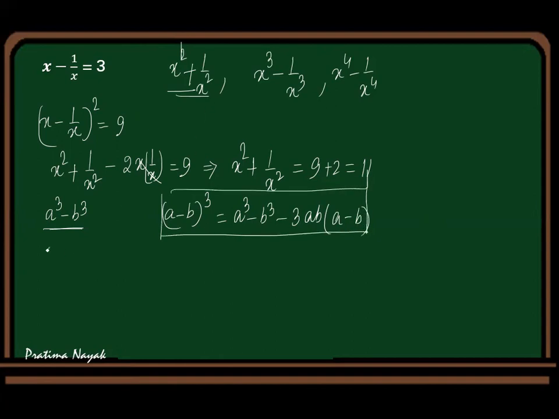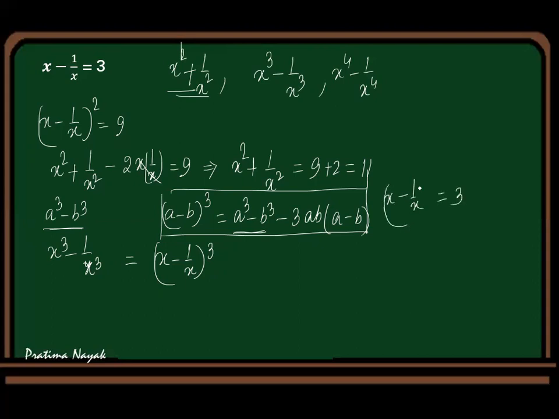So now x cube minus 1 by x cube is equal to (x minus 1 by x) whole cube, because I am separating this. Let me explain again here if it is not understood. No problem. What I'm writing: x minus 1 by x is equal to 3.